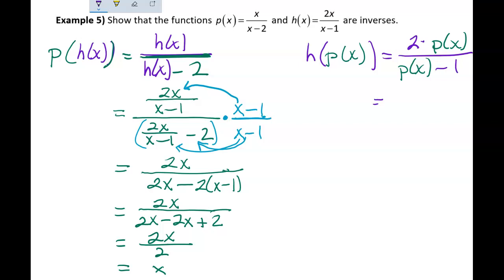All right, so we have 2 times x over x minus 2. Downstairs, x over x minus 2 minus 1.